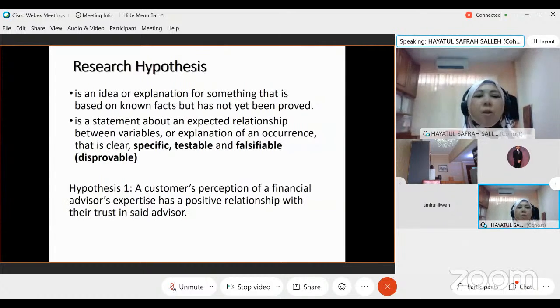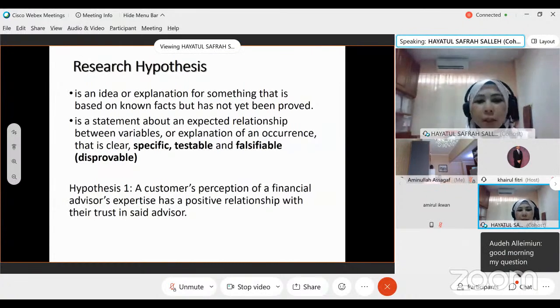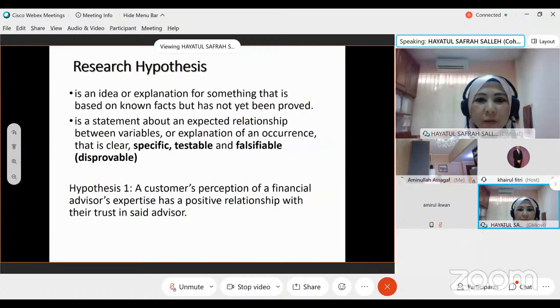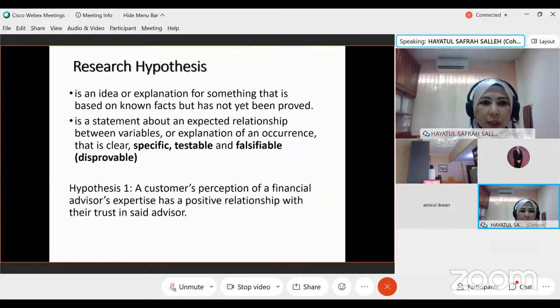You want to use it in Malaysia or in a university setting, and your respondents are maybe not students, but lecturers, for example. So that is the research hypothesis.